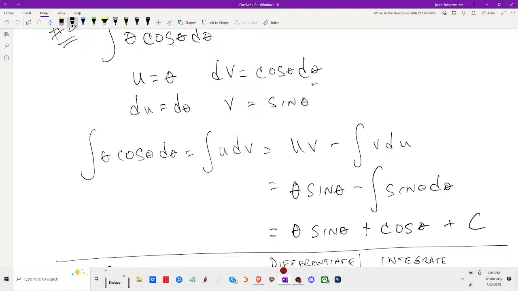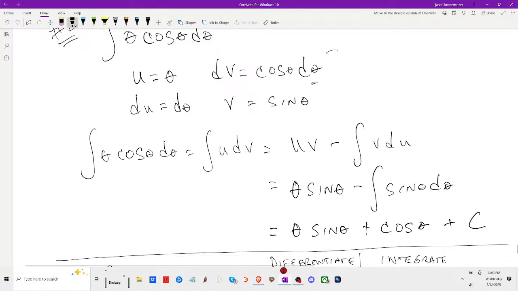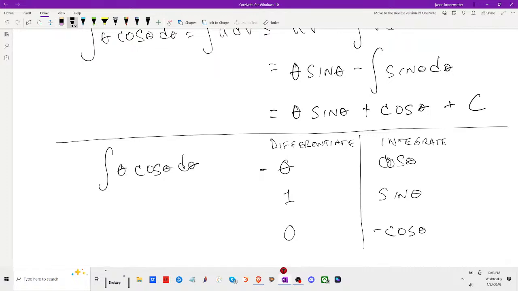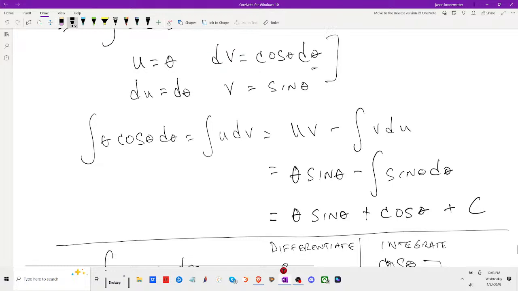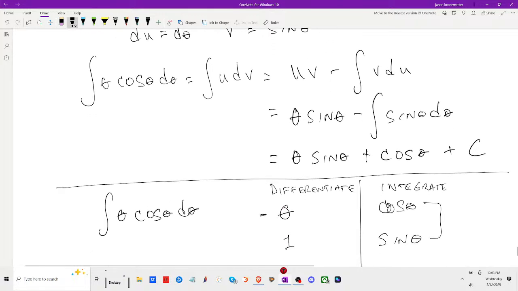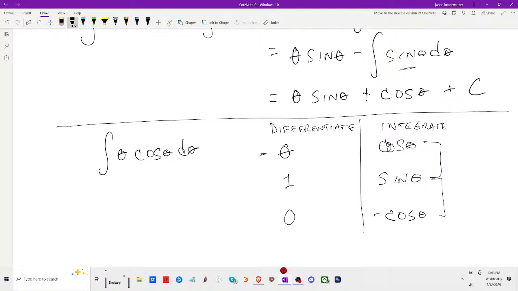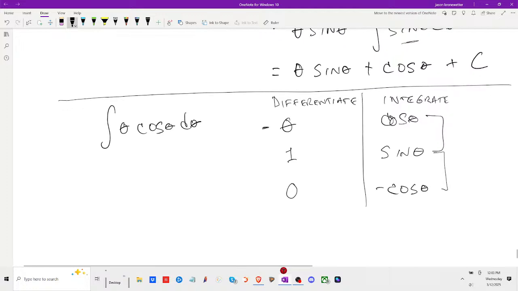My first integration was right here, and I went from cosine to sine. I did the antiderivative of cosine. That's what I just did here. And then in the next step, when I had my second integral here, I did the antiderivative of sine, and that's what I end up doing right here. So you see, I'm putting all the pieces in that I used anyway when I did the solution.